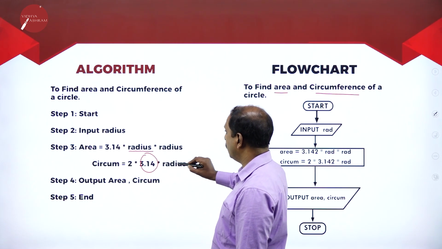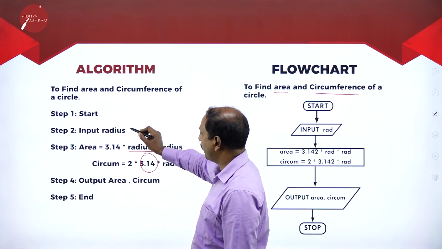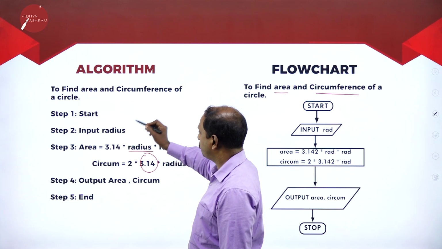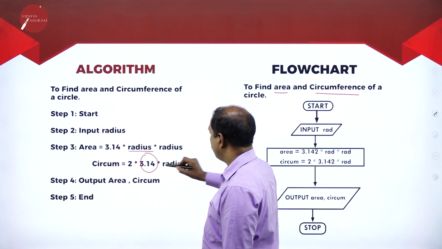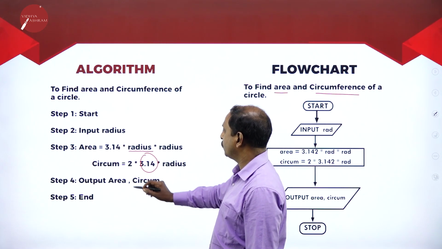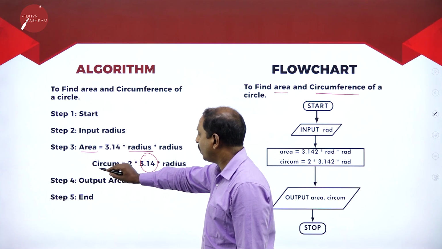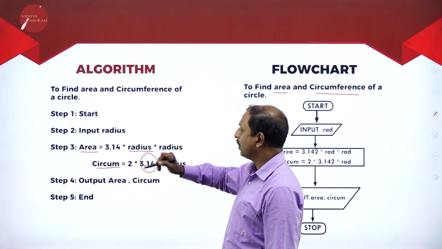Then this is input, this is processing using the formula, and this is output. At the end, we have to print the value of area and circumference. So this is an algorithm.